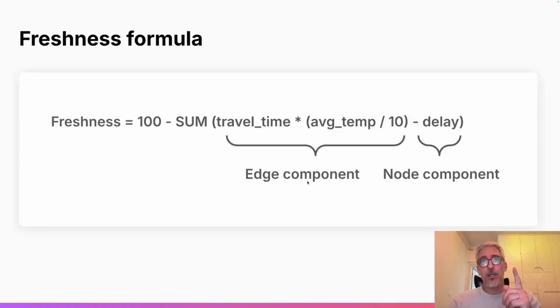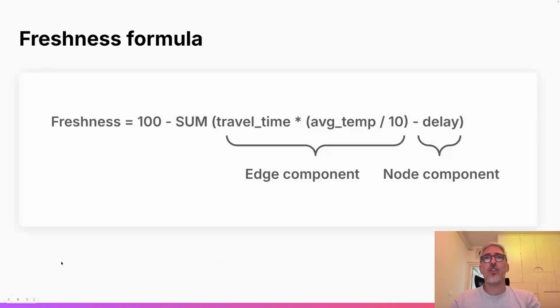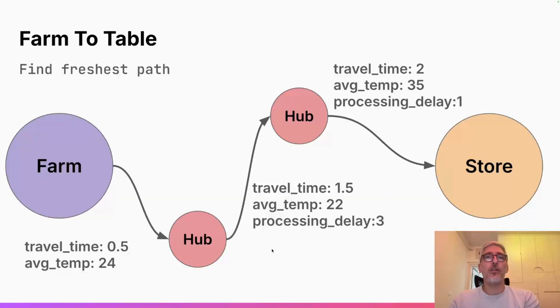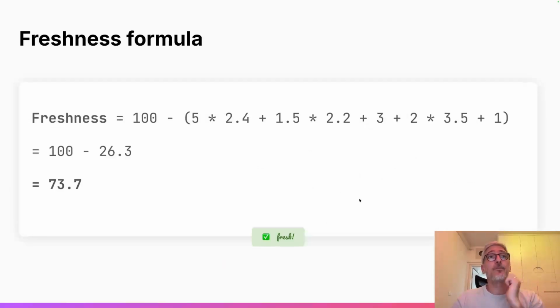That's the edge component, right? The travel time and the average temperature. And then we deduct the delay. So that's the node component. How much time the produce is waiting to be processed in the hub. So we have this formula.